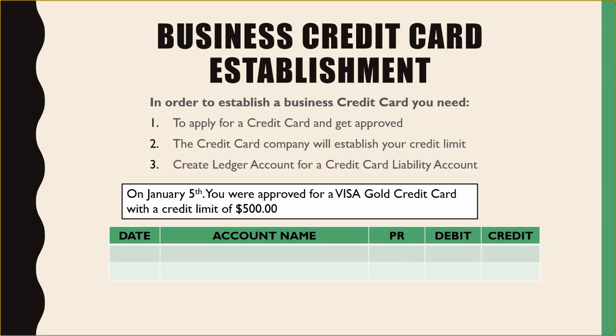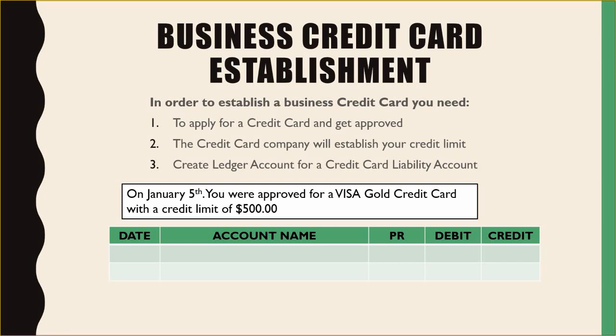So in this case, on January 5th, you were approved for a Visa Gold credit card with a credit limit of $500. I got approved for a credit card for $500. Do I need to record this? Yes.